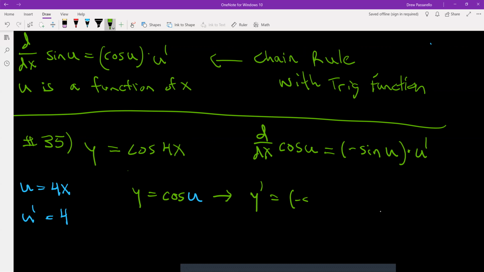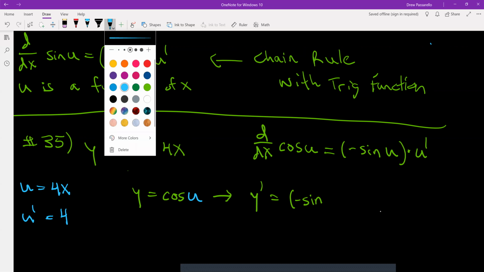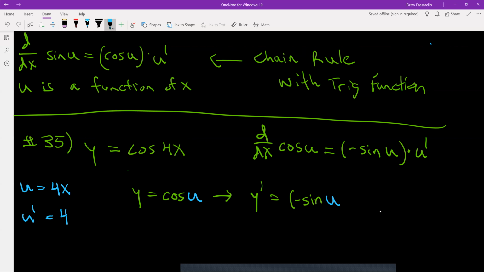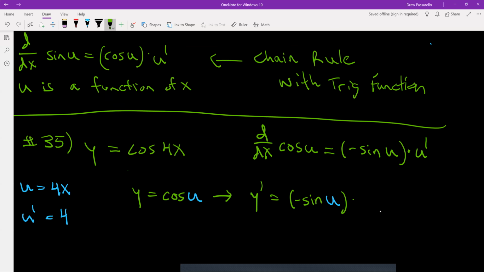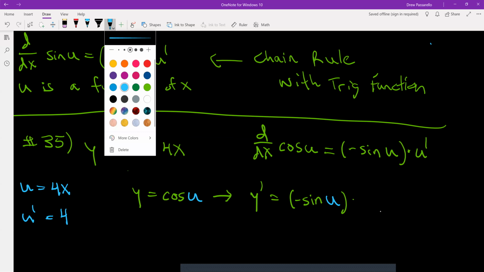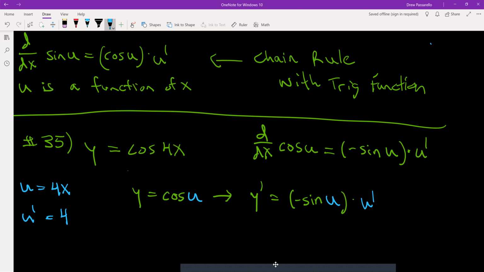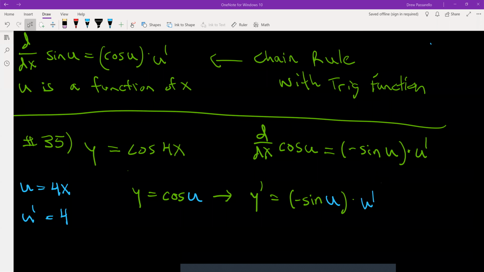So it'd be negative sine of u times u prime. Sorry about that. All right, so I have negative sine of u times u prime, and I just substitute. Well, u is 4x and u prime is 4.